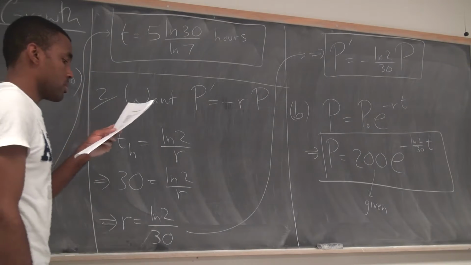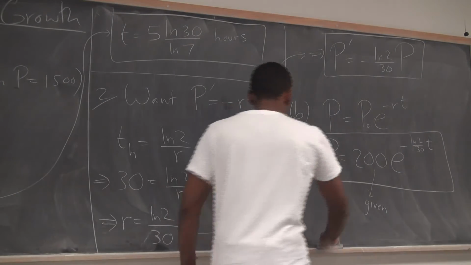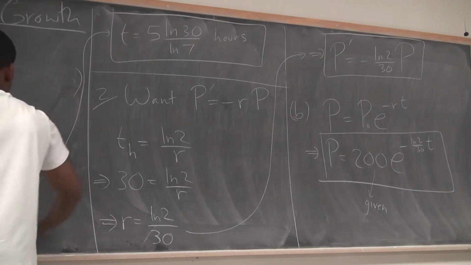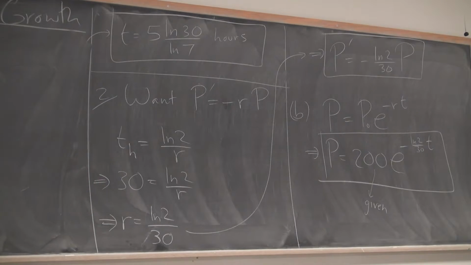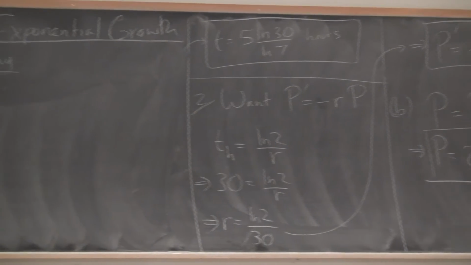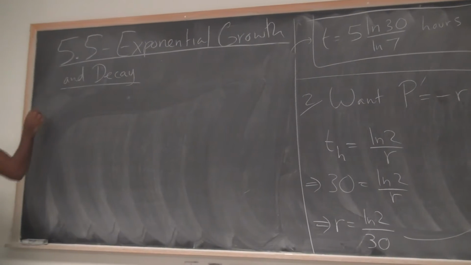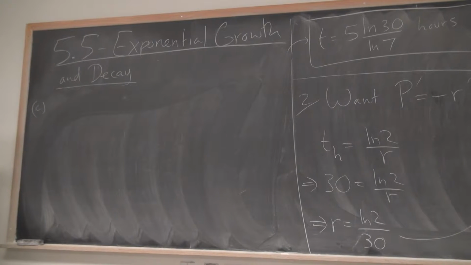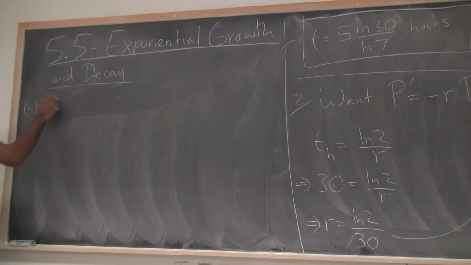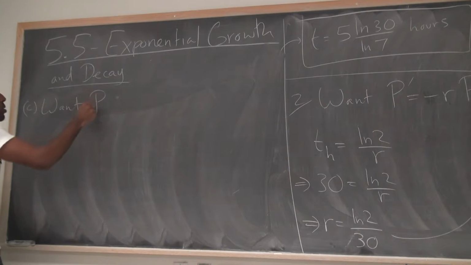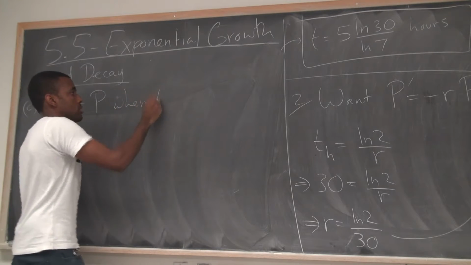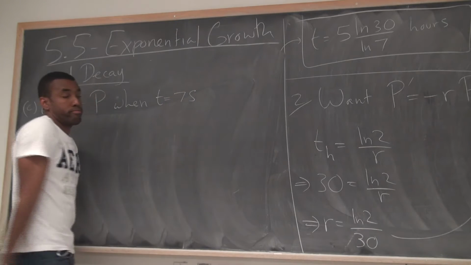That is in milligrams. How much will remain after 75 years? How much is referring to the P. We want P when t equals 75.